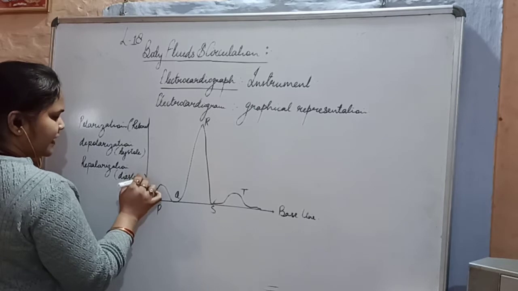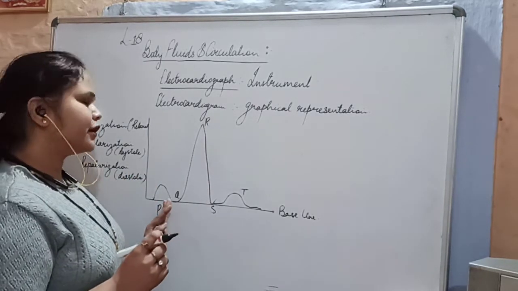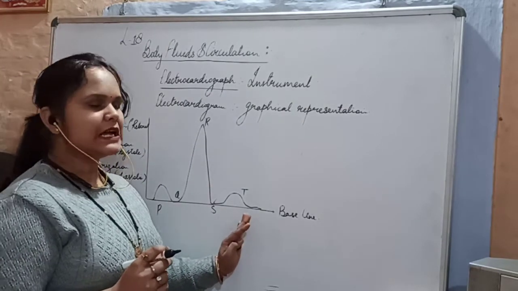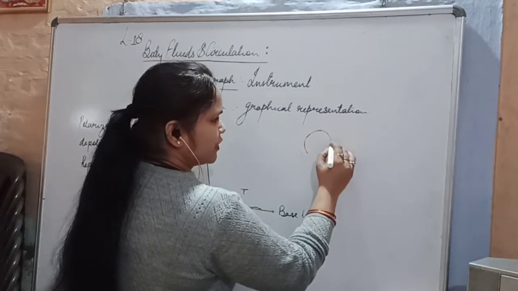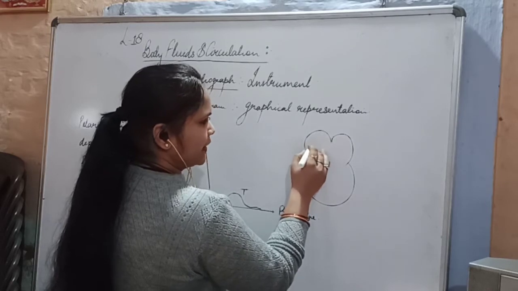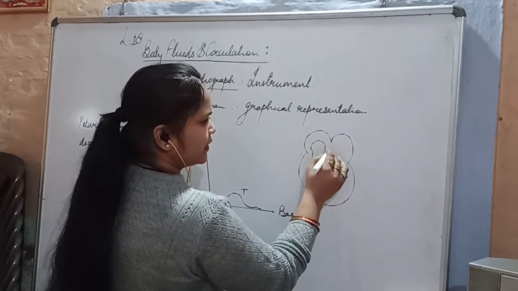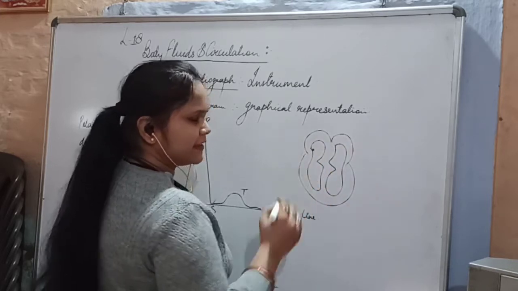With the help of this, we are going to see what events occur during the QRS time period and during the T time period. If you remember the structure of the heart, this was the structure, and here we have the SA node.